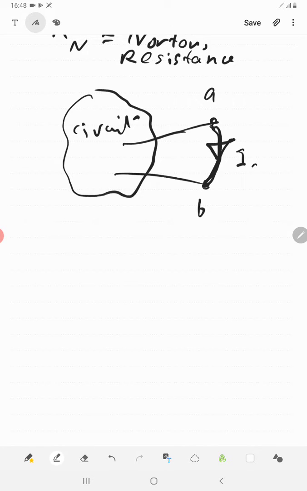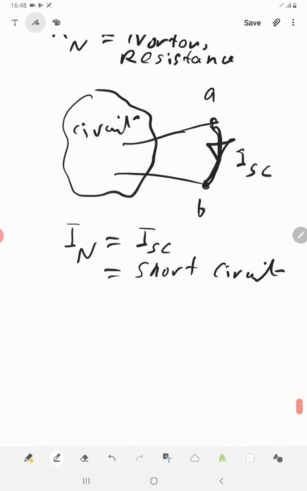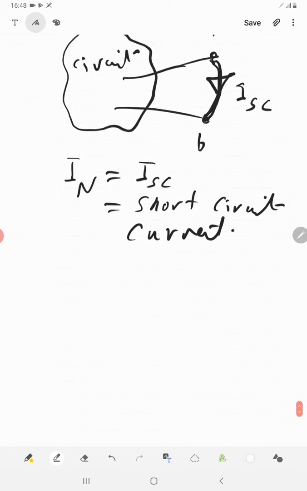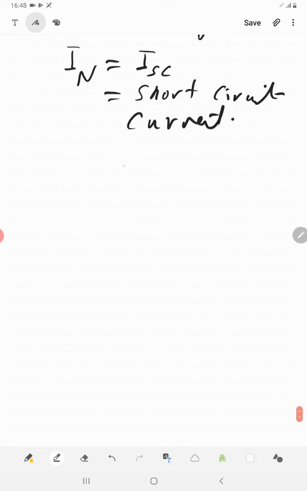We call it I short circuit. So I Norton equals I short circuit, the short circuit current. How do we determine R Norton?